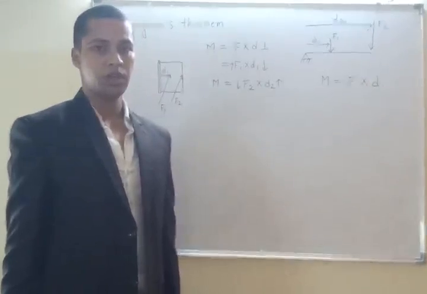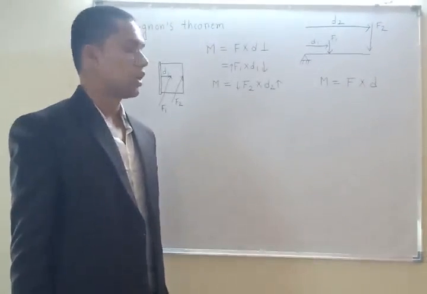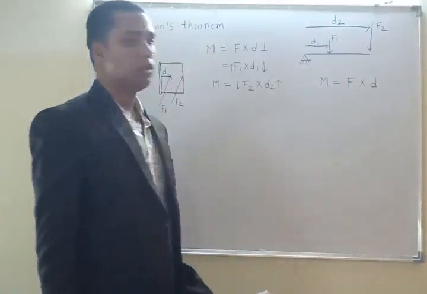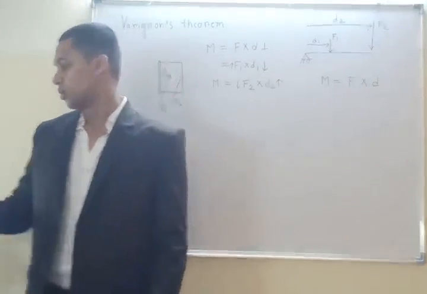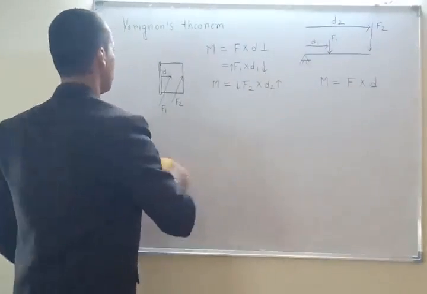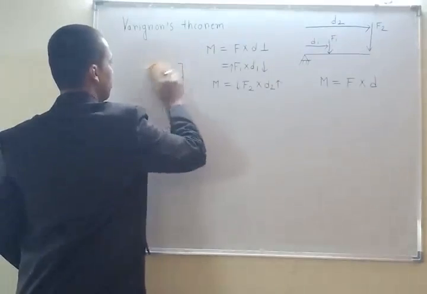Now next one is I am going to transfer some force. Okay, you understood about moment is this one. I am going to transfer some force from one point to another point. See what is happening.